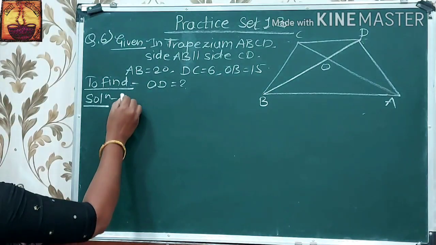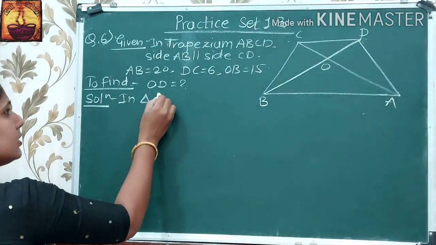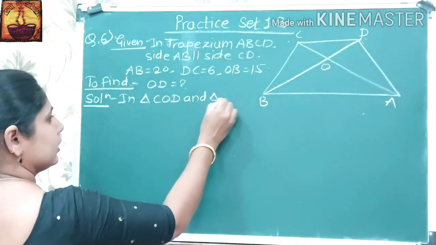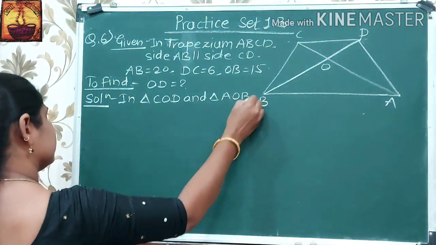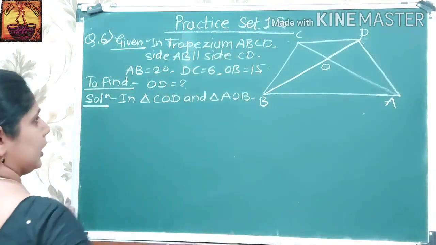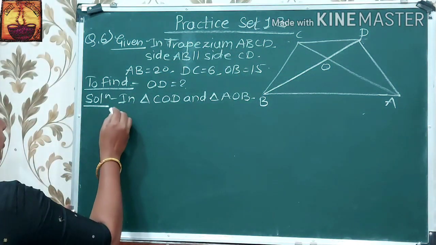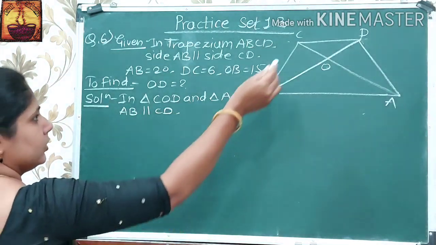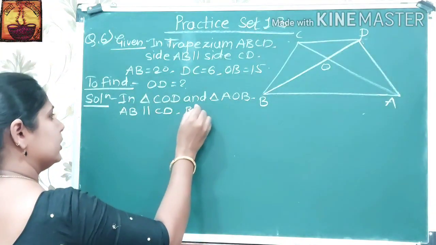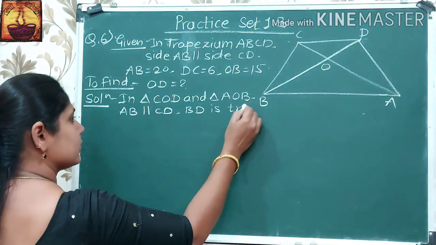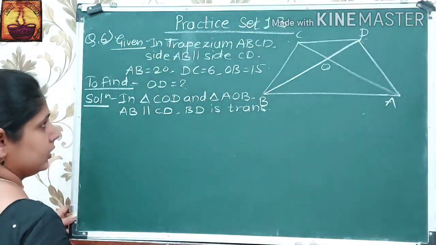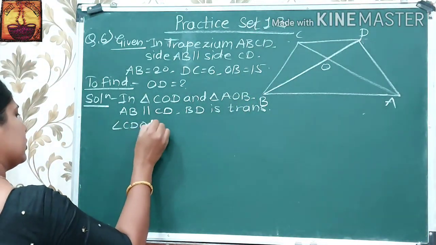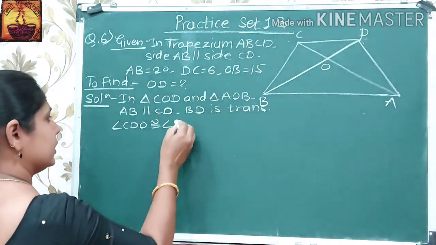Therefore, write here in triangle COD and triangle AOB, side AB is parallel to CD. If we take BD as a transversal, then angle CDO is congruent to angle OBA.